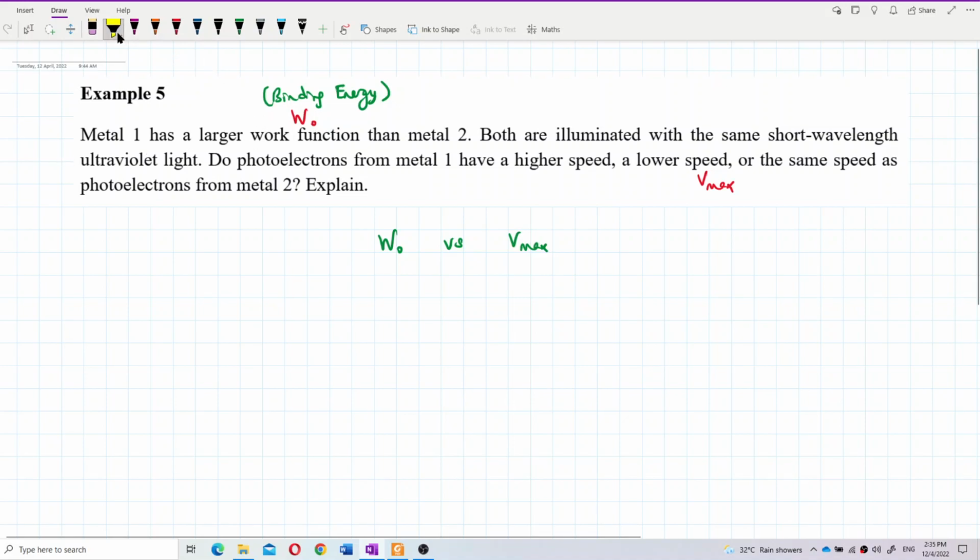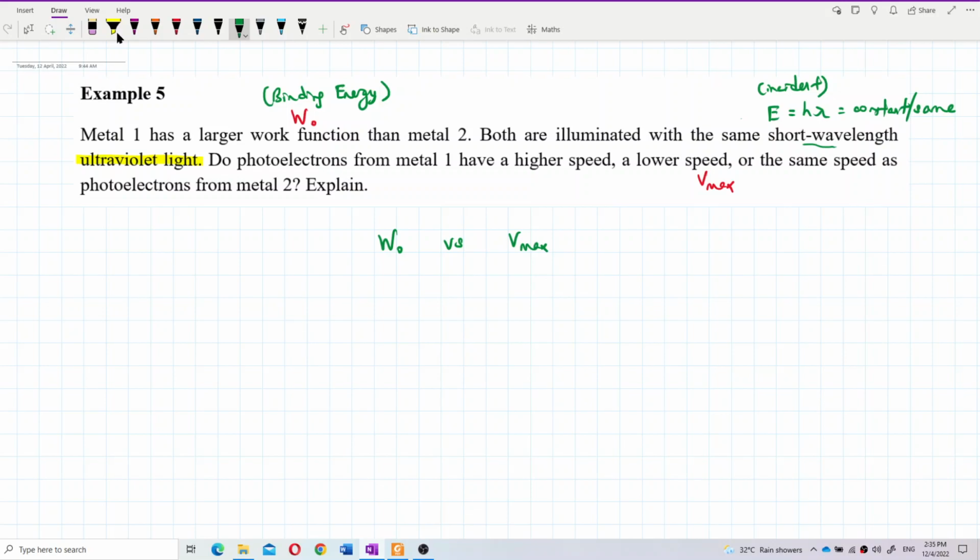Same UV light, same wavelength. So they receive the same photon. The energy of the incident photon is constant, the same for both.